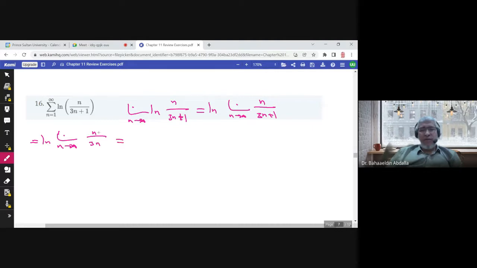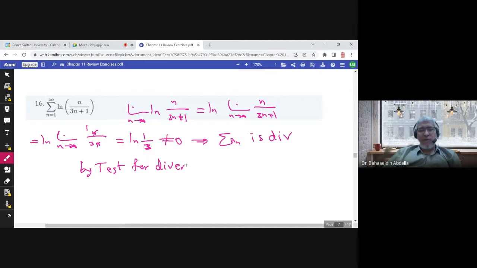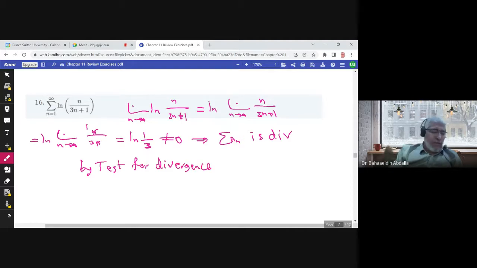So the limit is 1 over 3, so it is ln of 1 over 3. So the limit of an is ln of 1 over 3, and this is not equal to 0. So the series, summation an, is divergent by the test for divergence.